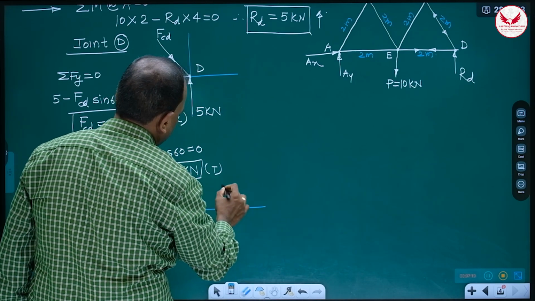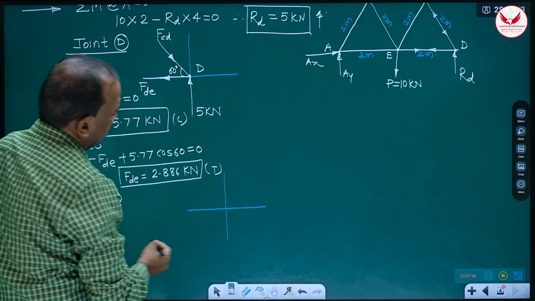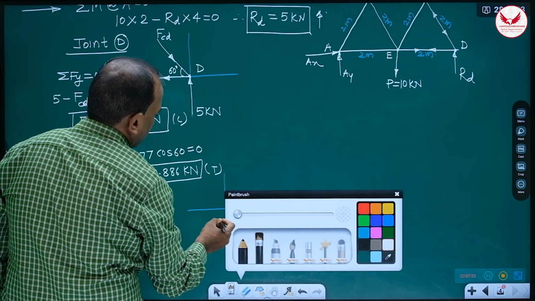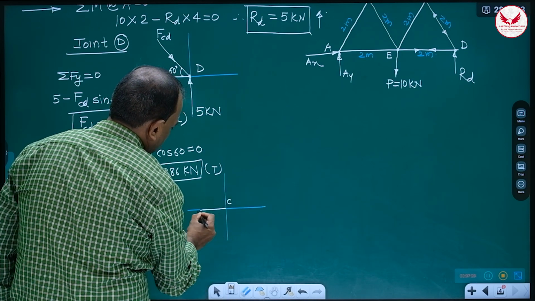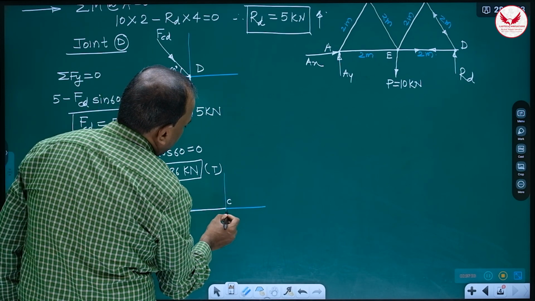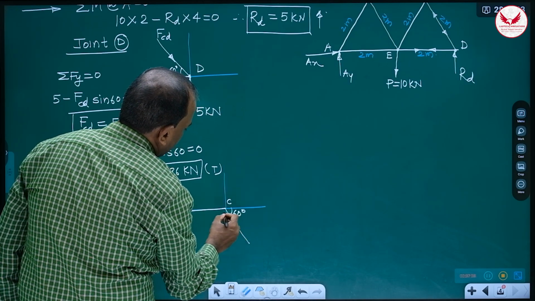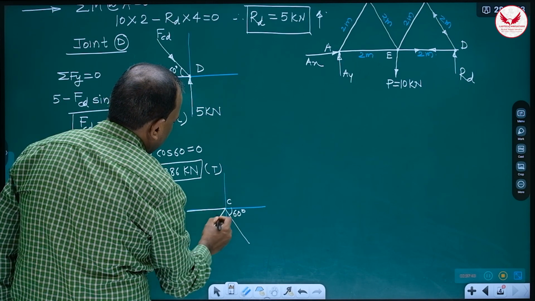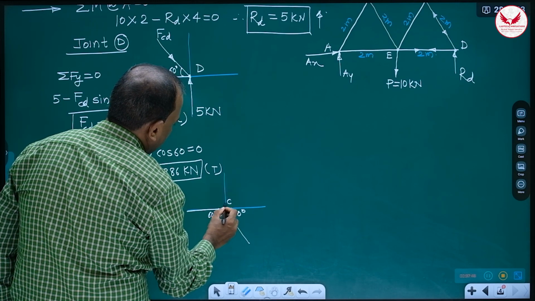Again plus sign. At C, it is horizontal. Then 60 degree with horizontal, that means it is like this, it is 60. And again this is also 60 with horizontal, like this.